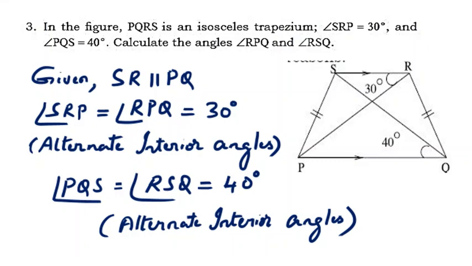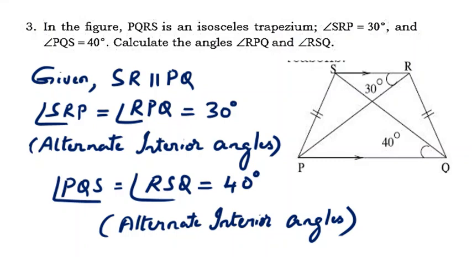Now, if I trace points SRPQ, what kind of English letter do I get? If I take a pencil and draw one line SR, from there again come to P and Q, SRPQ, I get a Z shape, correct? Z shape.